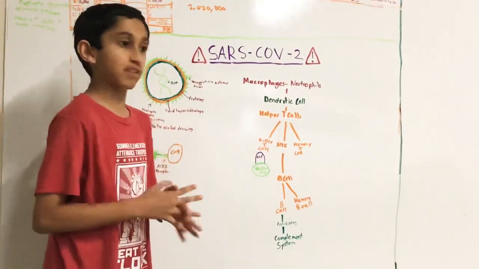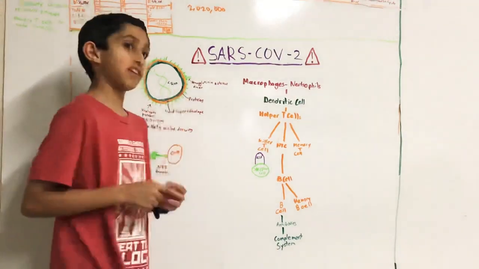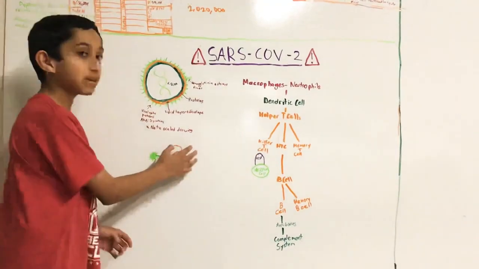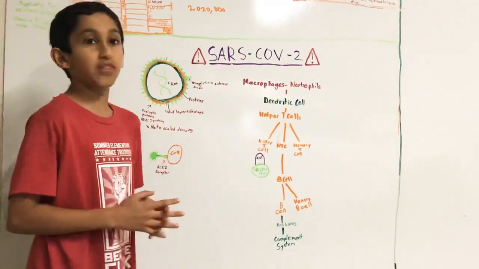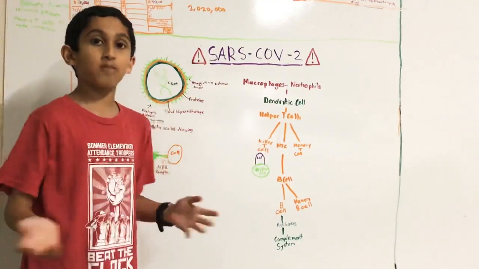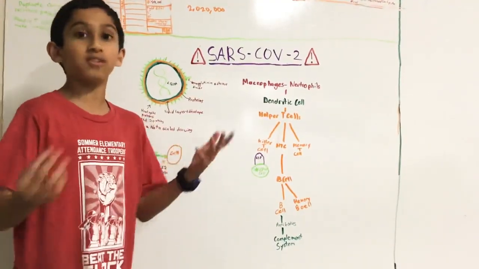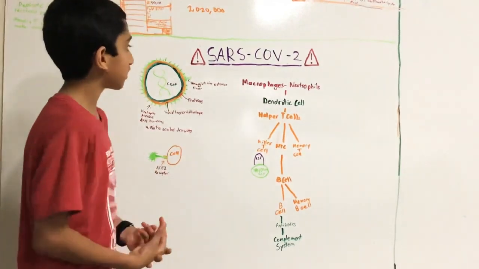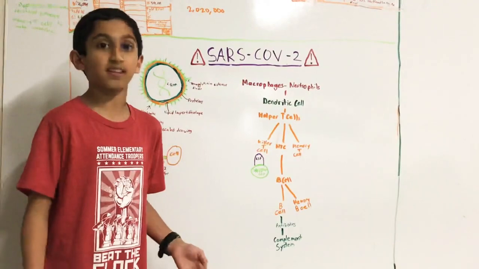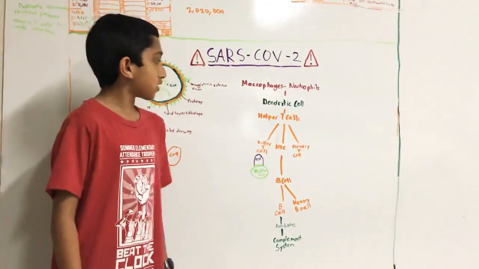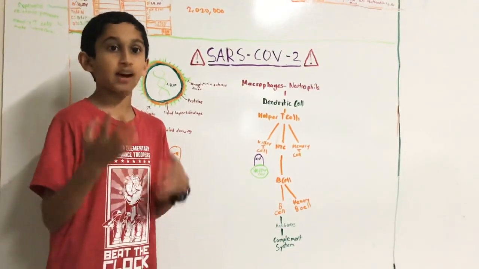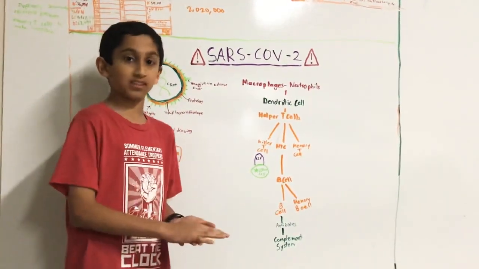Coronaviruses have RNA, and RNA is that genetic material that they're going to put inside of your cells so that they can start to reproduce and get way more viruses coming out and infect new cells, and the cycle goes on. But viruses are another broad topic that we need to make another video about. But now let's look at how your immune system defeats those viruses, how it kills them and eradicates them from your body.